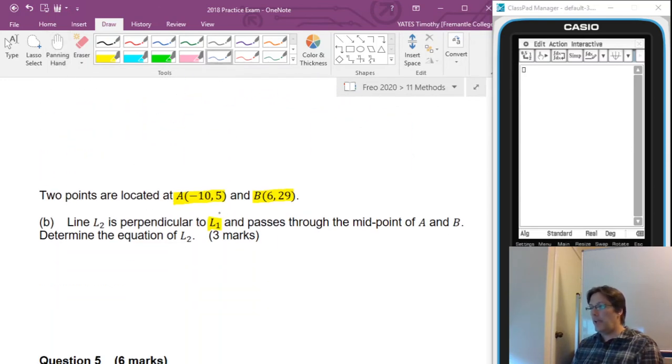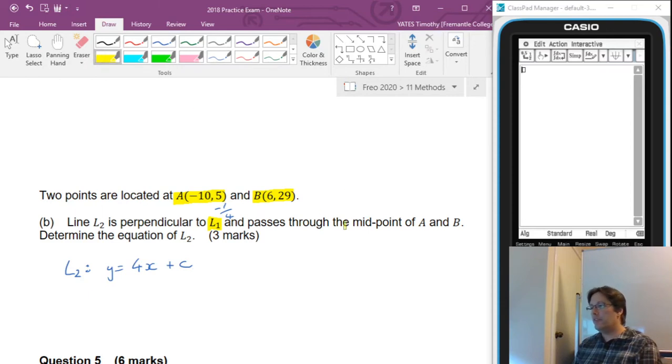So L1 has a gradient of -1 on 4. That's the only really thing that's going to be important. So line L2 is perpendicular to that. So what's the gradient of line L2? It's going to be y equals 4x plus some constant. We don't know what that constant is yet, but let's work that out soon.